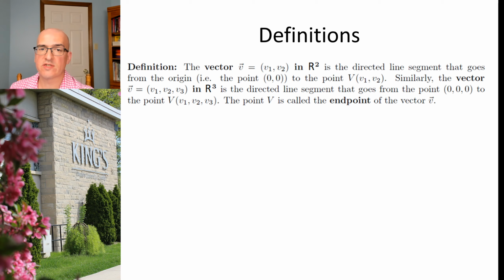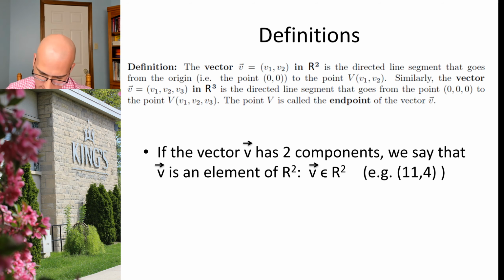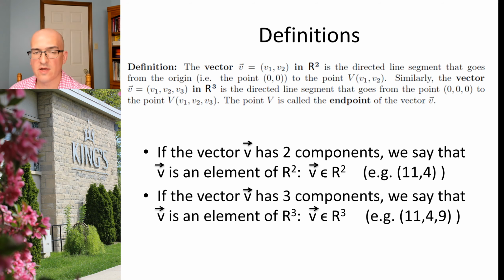The components of the vector indicate the end coordinate of that geometric object. The number of components of the vector tells you what dimension you're working in. So if there are 3 components, you're working in R3; 2 components, you're working in R2. This is just basically a summary slide.